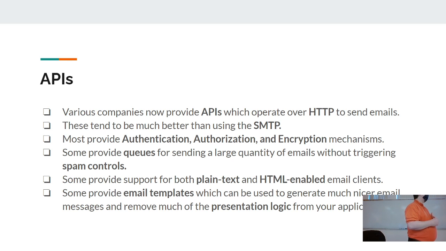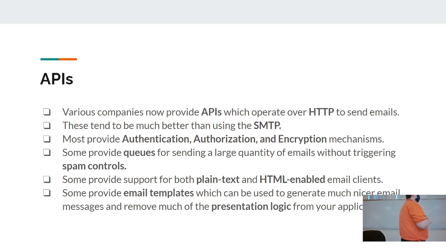That tends to be a lot better than just using SMTP directly, even though you can still do that. A lot of these provide some sort of authentication and authorization mechanisms, also including encryption. So you don't have to implement those things yourself. They're provided to you.